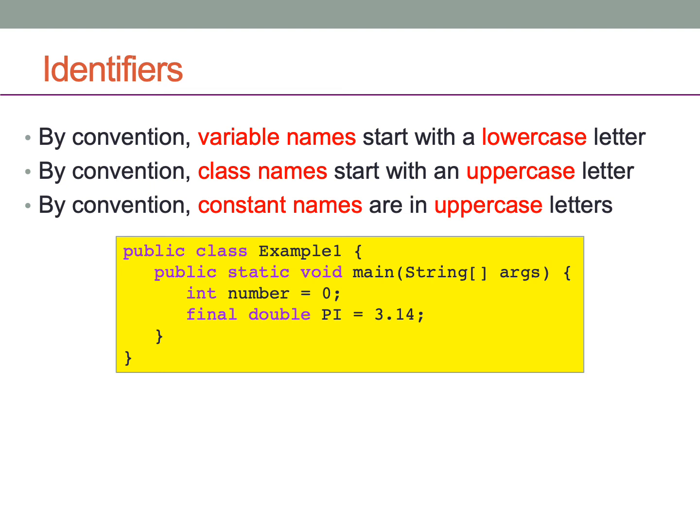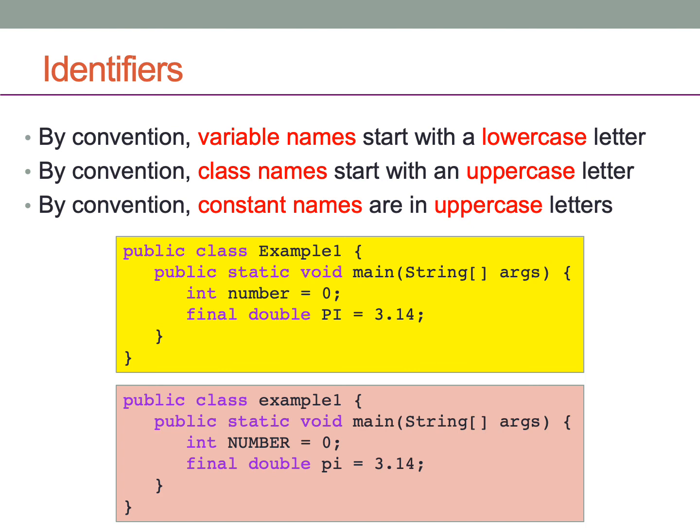And then for our variable, we have int number, and number is in lowercase letters. For our constant, which is PI, it is in uppercase letters.